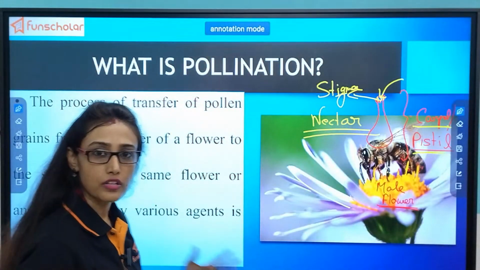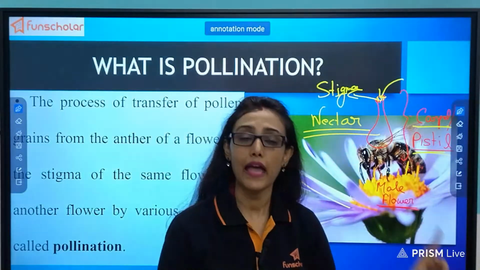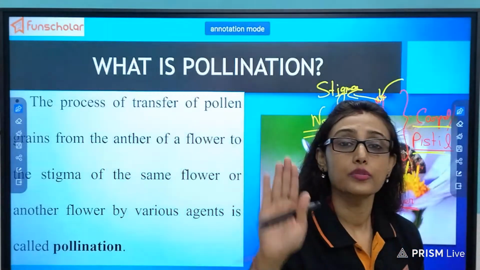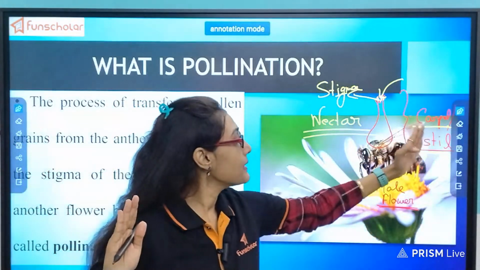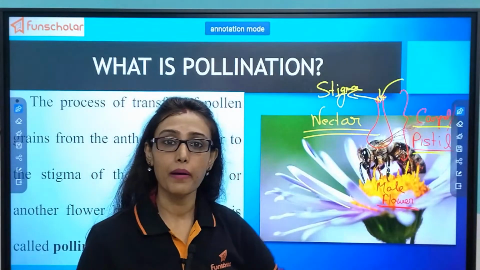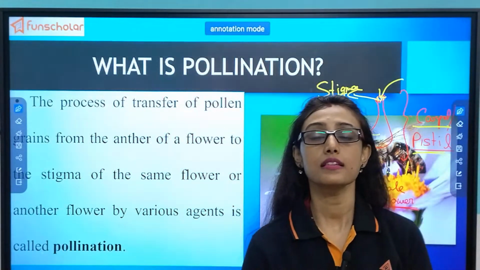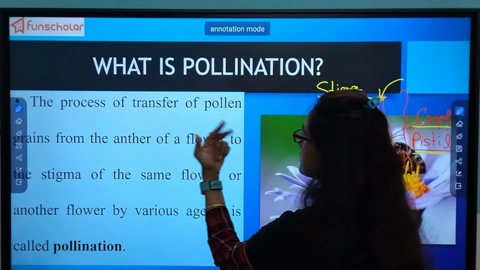So this process of transfer of pollen grains from anther to where? To the female reproductive part, carpel or pistil. Where in the carpel or pistil? In the stigma part. This whole process is known as pollination. Now just read.